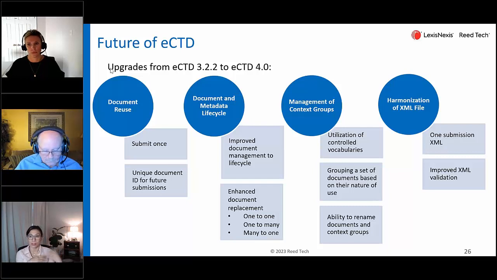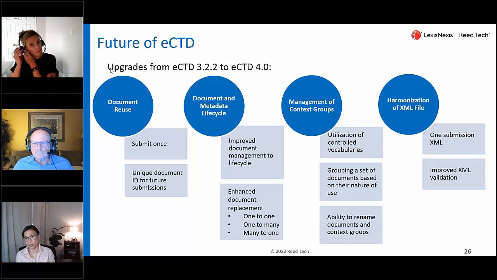So now it enables the reviewer to review a set of documents that are relevant based on the keywords. That's pretty phenomenal as well. And you can also rename your documents and context groups through the XML in a very seamless fashion. It was very convoluted in 3.2.2.